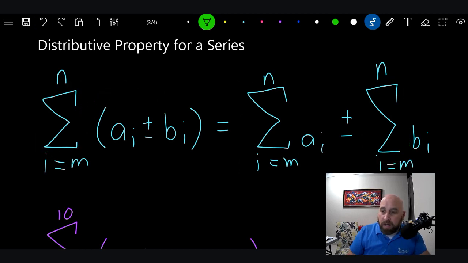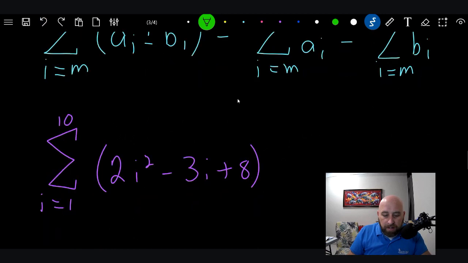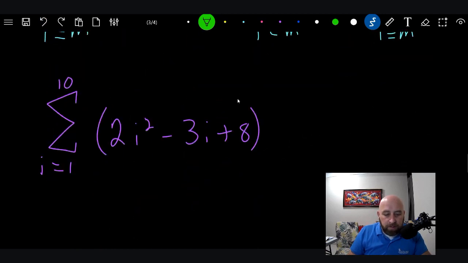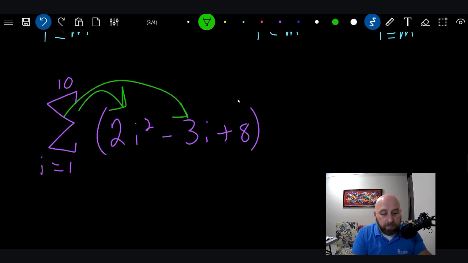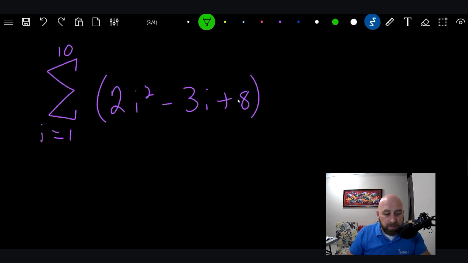All right, so let's try one of those. Let's go ahead and try to distribute this thing. Whoa, we have a 3, so we're going to have to distribute it here, and distribute it here. But that's fine. Just take it piece by piece. And let's build our new sigma notation right down here.